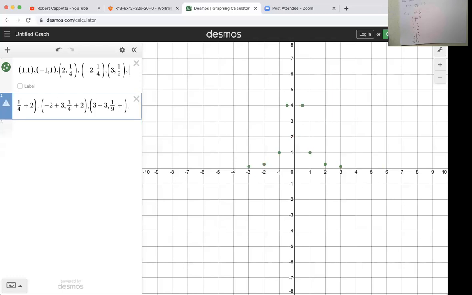It's a little tedious. You're on Desmos, and there you go. So there is my new set of points.